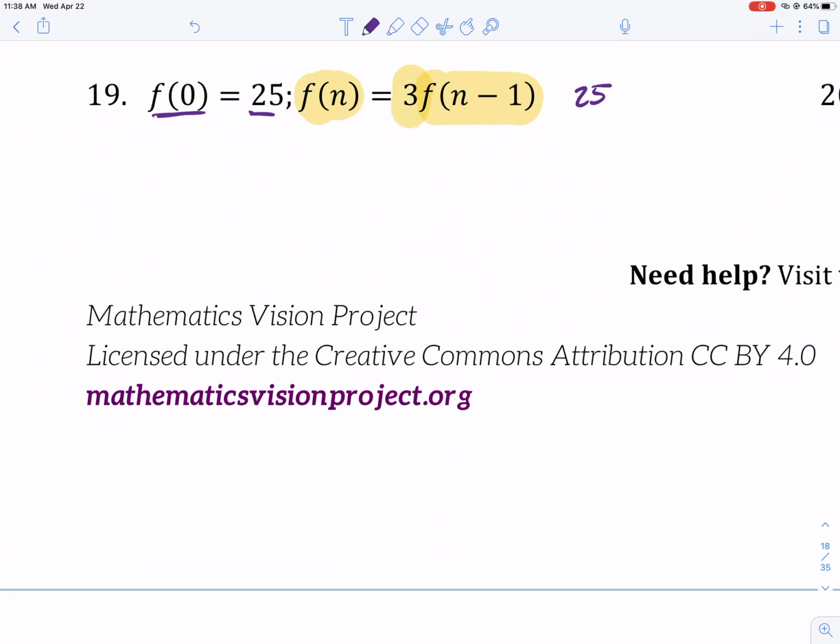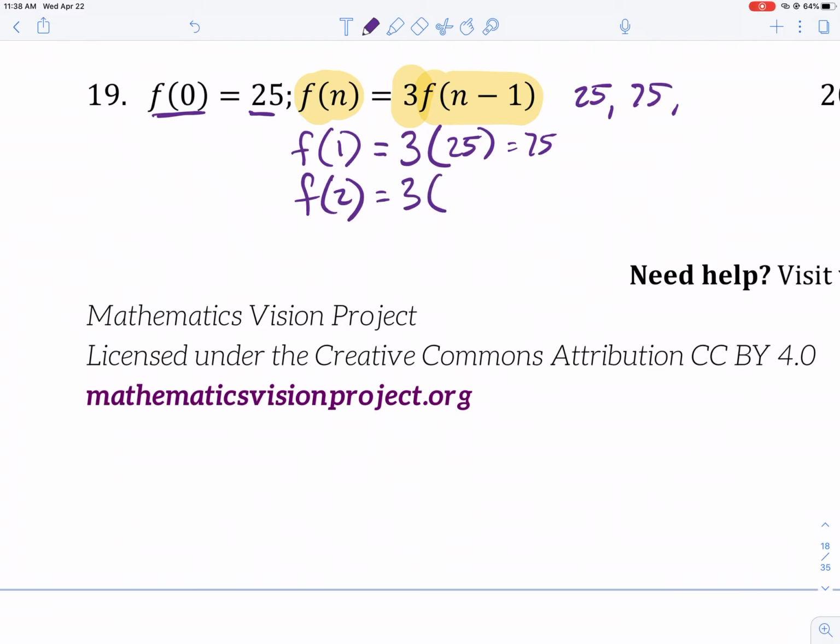it by 3. So the next term, if we look at it like, oh, well, f of 1 is just going to be 3 times the previous term, which is going to be 25. That's going to be 75. And then to get f of 2, we're going to just take 3 times the previous term, which was 75. And then here we're going to get 225.